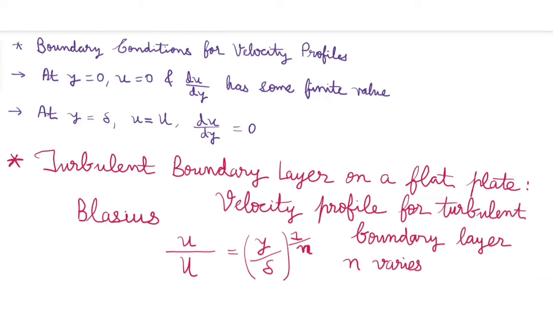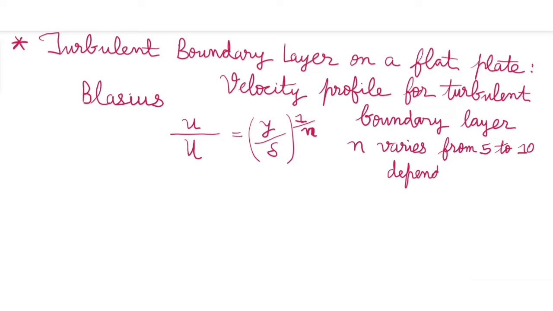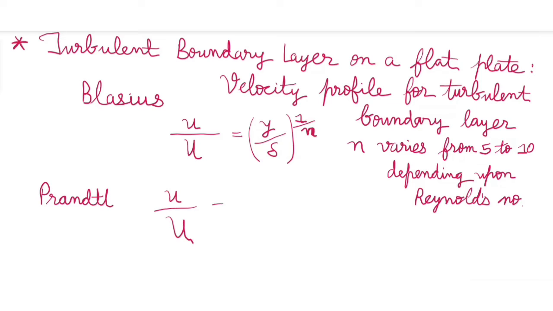Here n will vary from 5 to 10 and it will depend on the Reynolds number. After that, Prandtl gave the equation for the velocity profile for the turbulent boundary layer, as per which the velocity will vary with the 7th root of distance from the wall or plate.